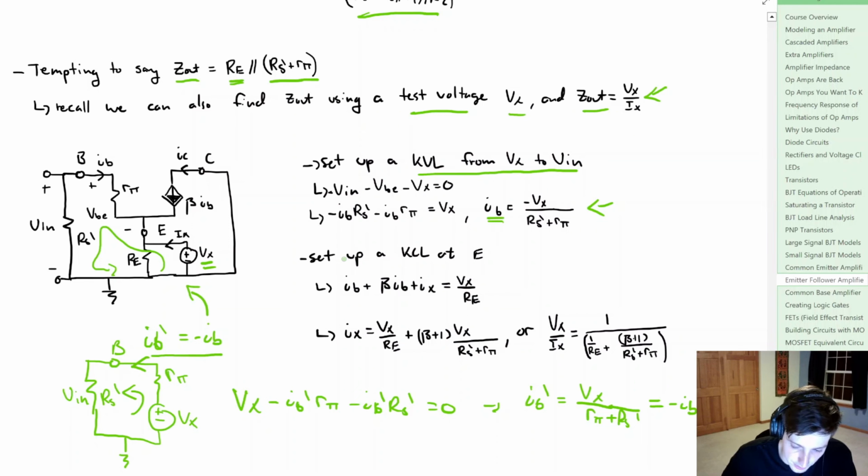So we found our base current, and now we're going to set up a KCL at the emitter node, so point E. Now because we just defined what IB is, we can plug that in for this term, and we can simplify it as Ix is equal to Vx divided by RE plus beta plus 1 times Vx divided by RS prime plus R pi. Or what we can do is simply say that we have Vx divided by Ix, which is our generalized output impedance, and that's going to be equal to this term here. So now we can find the output impedance.